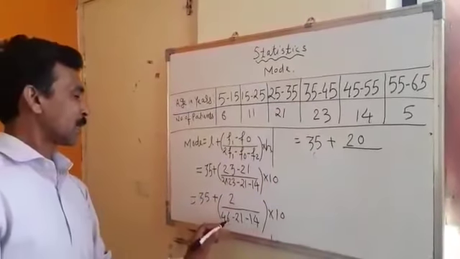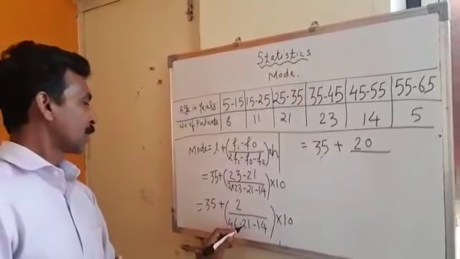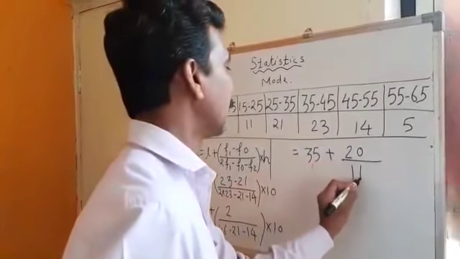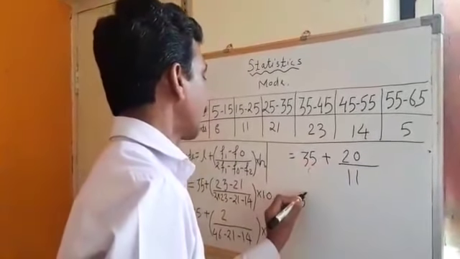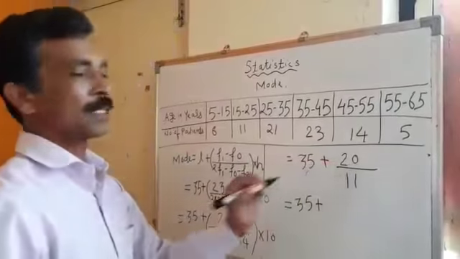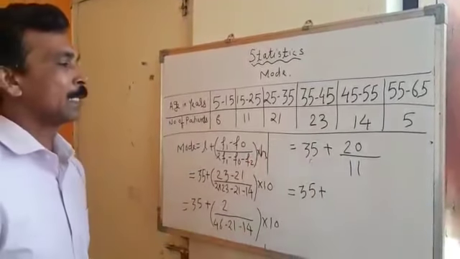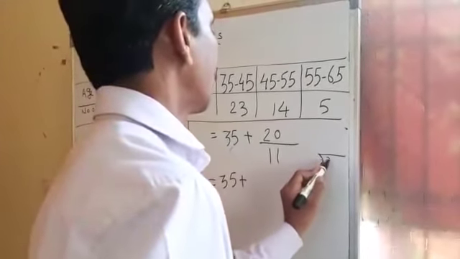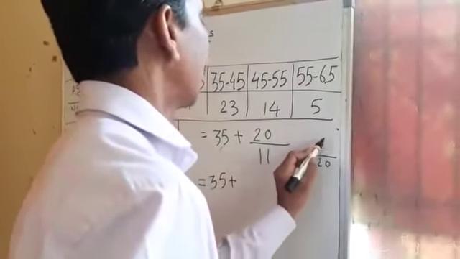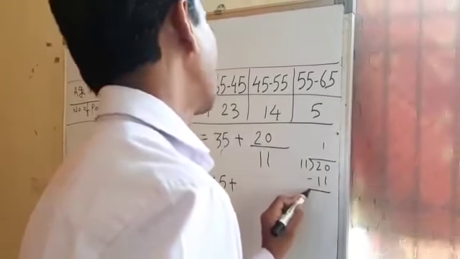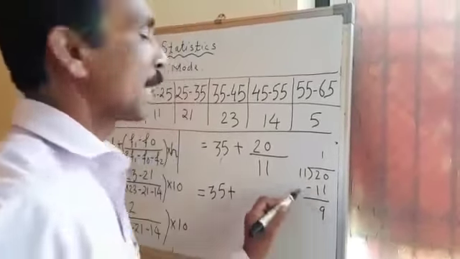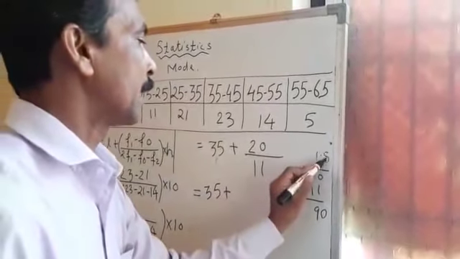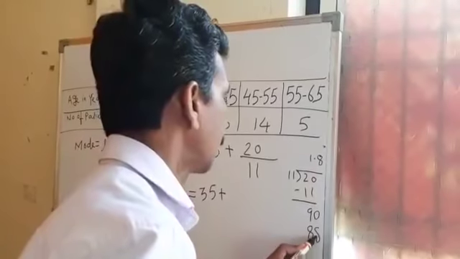Now I will do the subtraction in the denominator: 46 minus 21 minus 14 is equal to 11. 35 plus, we'll divide this 20 by 11 and see what the answer is. 11 ones are 11. 9, 9 is less than 11, so I'll put a decimal point here. 0. 11 eights are 88.